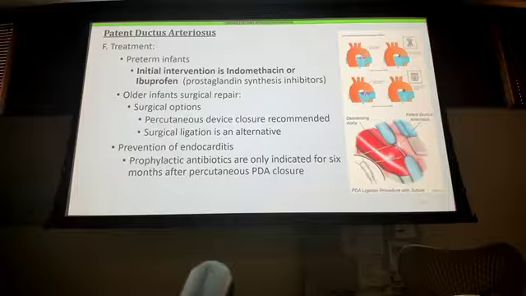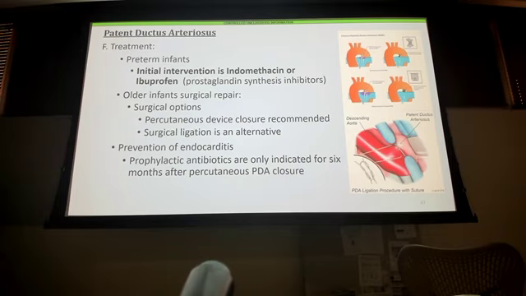If you have an older infant where that prostaglandin synthesis would have decreased on its own naturally, but they still have this patent ductus arteriosus, then that may need a surgical closure, which could be an open chest procedure where I'm going in and tying across, as you see in the bottom part here.